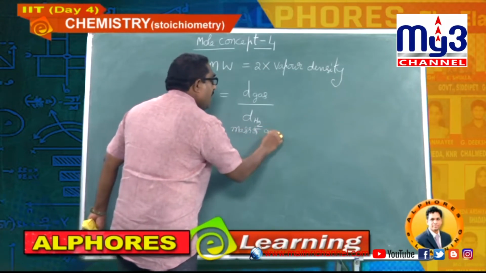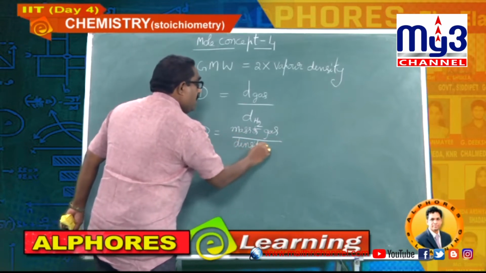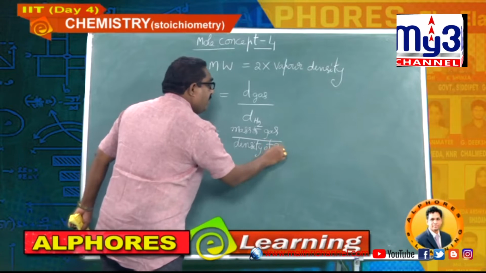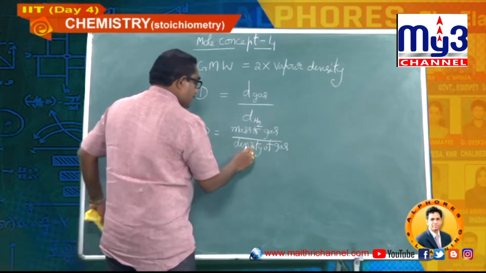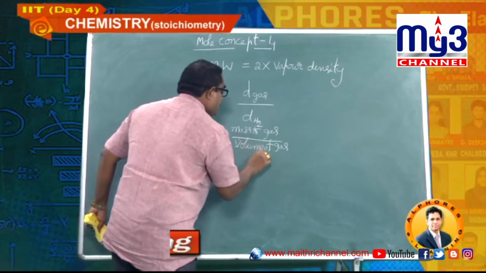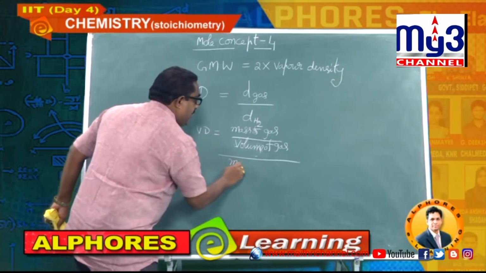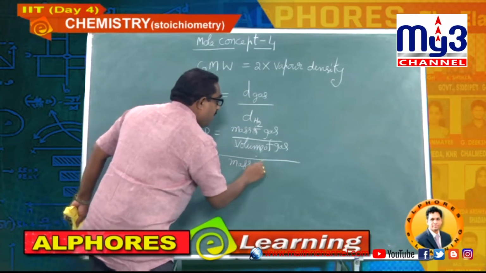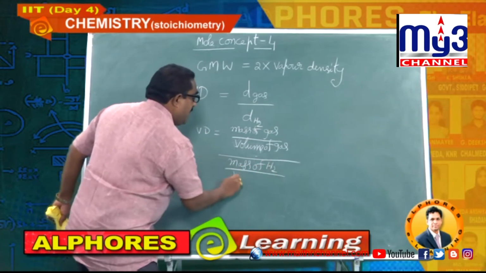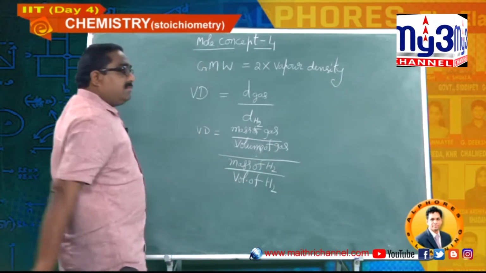Mass of gas divided by volume of gas, whole divided by density of hydrogen, which is mass of hydrogen gas divided by volume of hydrogen gas.